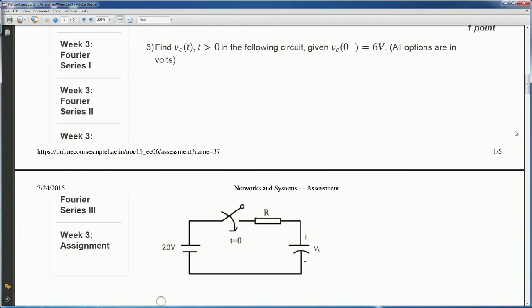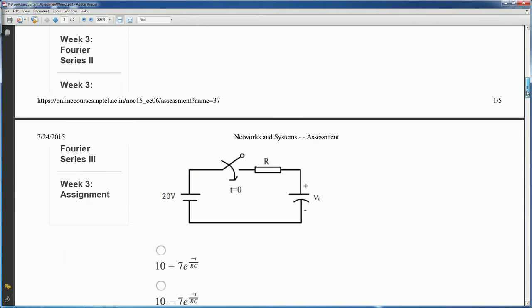There is a resistor R and a capacitor C. Okay. And the question says Vc of 0 minus, the voltage across the capacitor just before the switch got turned on, was 6 volts, and the battery is 20 volts, etc., and you are supposed to find Vc of t, which is the voltage across the capacitance as a function of t for t greater than 0, and write the answer. So, this requires a solution.